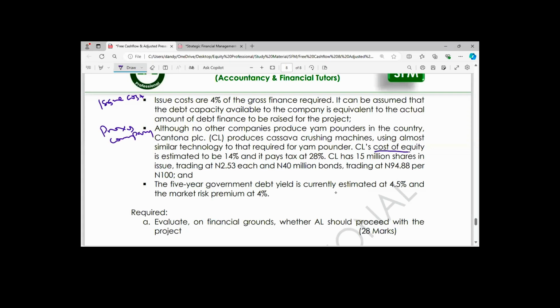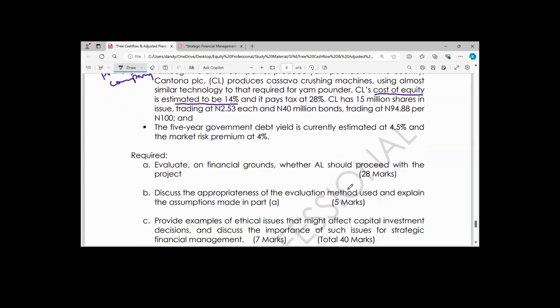CL has 15 million shares in issue, trading at $2.53 each, and 40 million bonds, trading at 94.88 per 100 naira. And the 5-year government debt yield is currently estimated at 4.5% and the market risk premium at 4%.